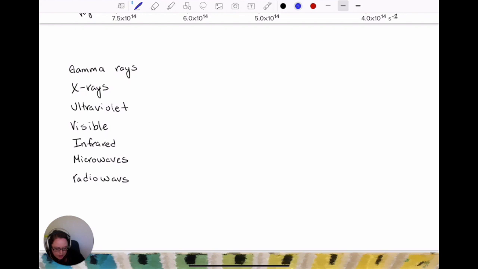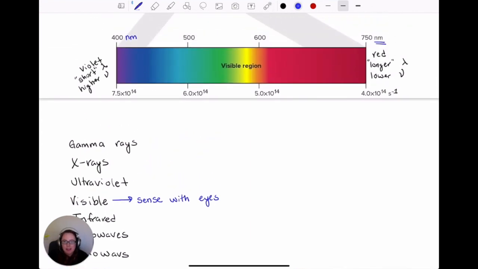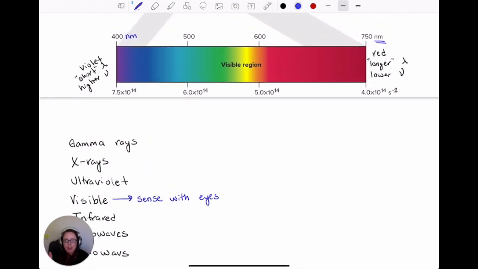So visible light is light that we can see. We can sense this with our eyes. And the human eye just happens to detect light from about 400 nanometers to 750 nanometers. As you get a little older, you start losing some of the shorter wavelength cones.